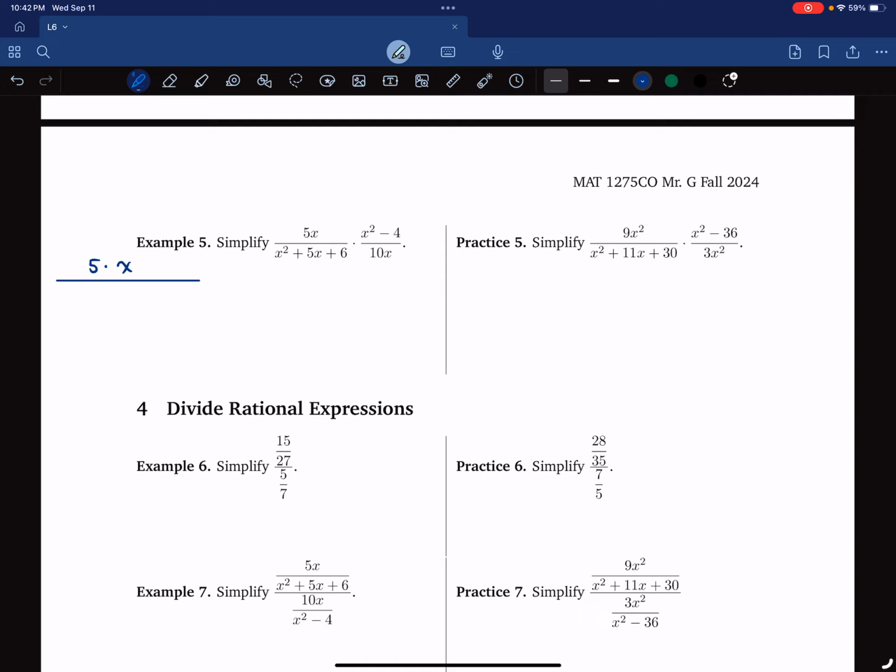And then we have the denominator, which is x squared plus 5x plus 6. So I'm going to do trial and error. To get x squared, you're going to do x and x. To get 6, you could do 1 times 6 or 2 times 3. But notice that the middle is 5x. The only way to get the middle 5x will be 2 and 3. And it's positive. So I'm going to do positive 2, positive 3.